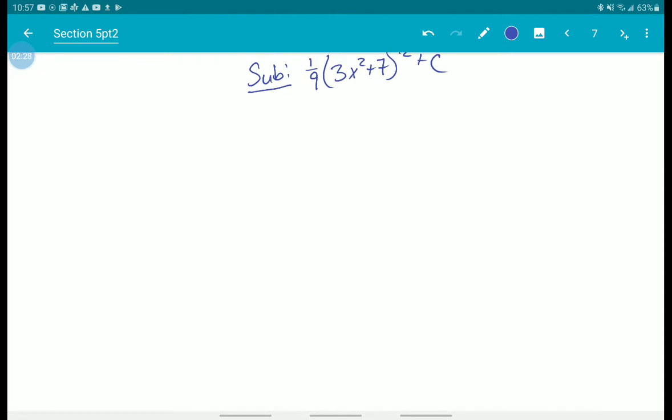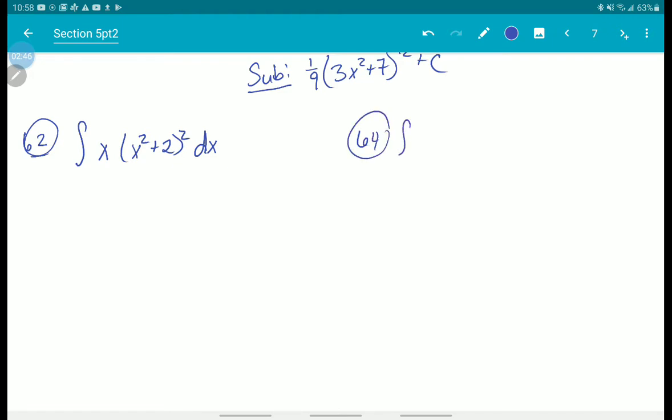Let's do another one. Let's look at 62. So in 62, we have x times x squared plus 2 squared dx. Now I'm going to compare that one to 64, which is just x squared plus 2 quantity squared times dx.